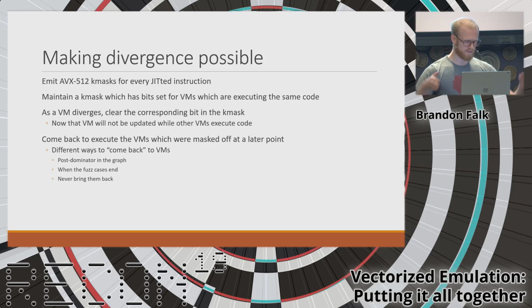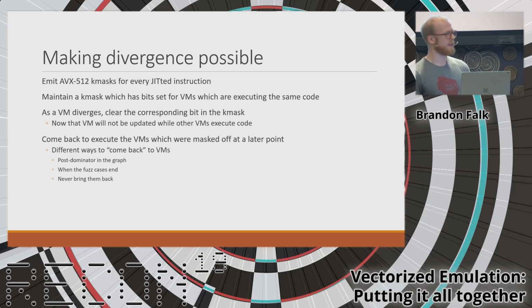So once you've masked off these VMs, you have to make a decision of when do you bring VMs back. And there are a couple ways you can handle that. One, you can just ignore them. When one goes down a divergent path, you can mask it off and just drop it. Or you can mask it off and save that input, and you can use that as a new input in the future, and now you'll be able to follow that path more thoroughly.